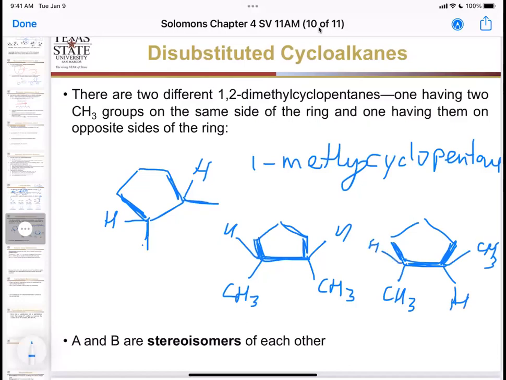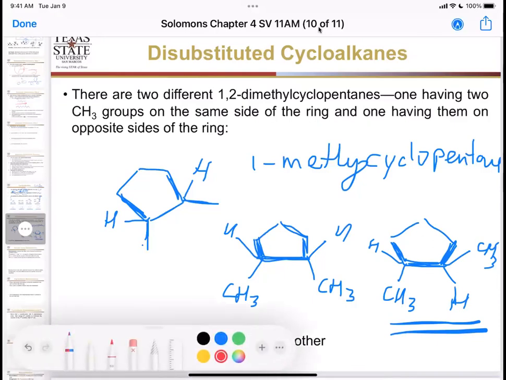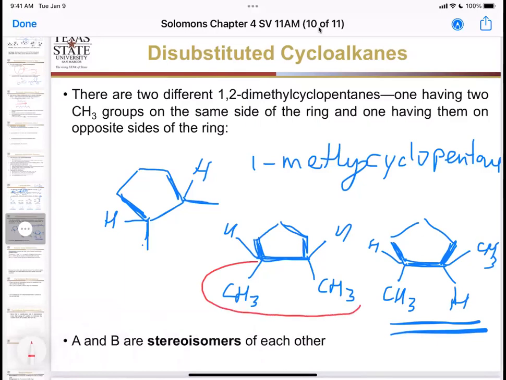Do we see on this one, one of the methyl groups is on the top of the ring, and one of the methyl groups is on the bottom of the ring? That's this one right here. And on the other one, we have both of the methyl groups on the bottom of the ring. So they're opposite here and on the same side there.